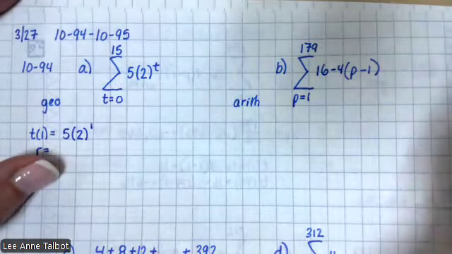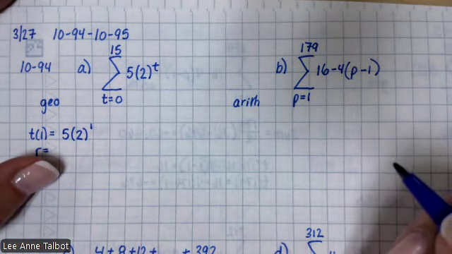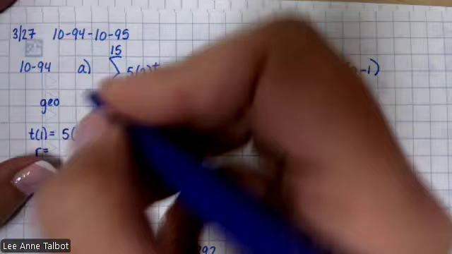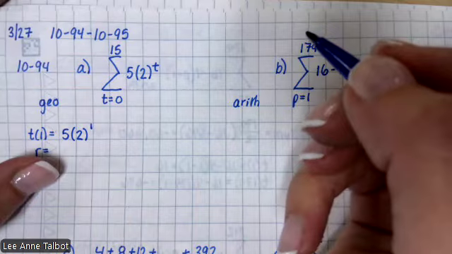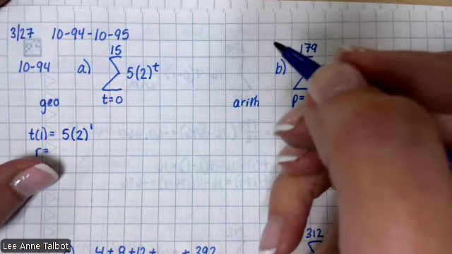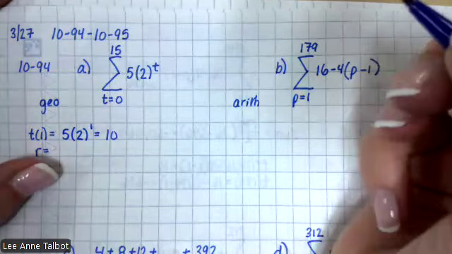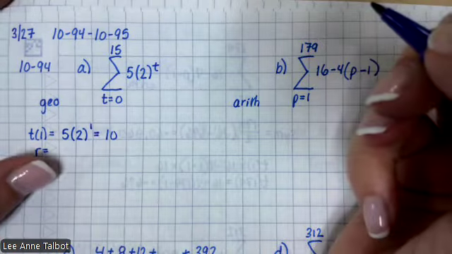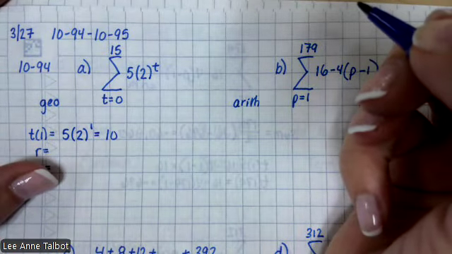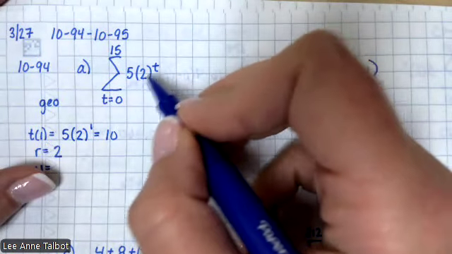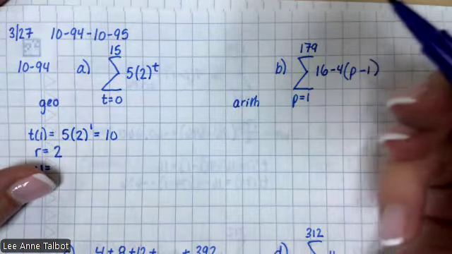I plug 1 into the equation. So remember, the equation is a calculator. It gets you anything that you want. I want term 1, I plug in 1. Okay, R is the multiplier, and that is 2. You can tell because it's the base of the exponent.